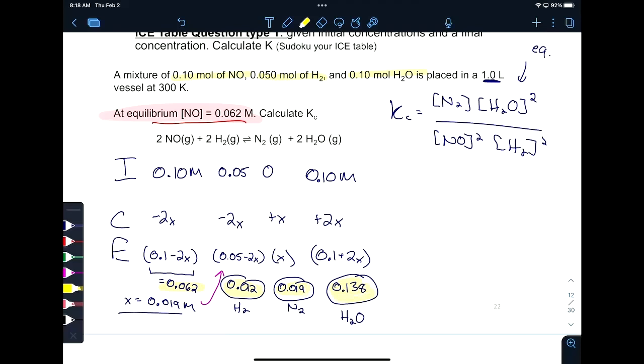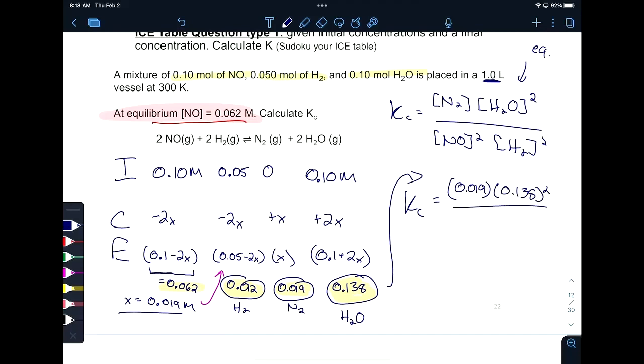Sudoku method. All right, and so we plug those into our K expression. So let's do that. Our Kc is equal to, so just be really careful of where you place things. So nitrogen is 0.019. Water is 0.138, and we're going to square that.